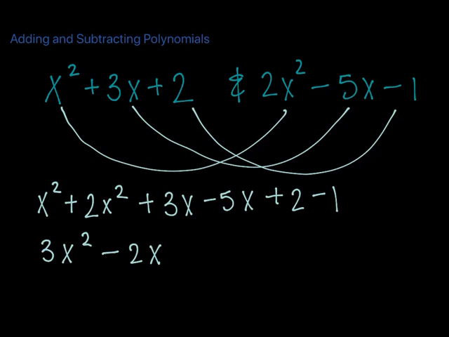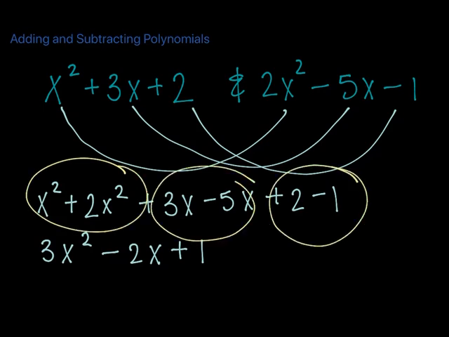And 2 minus 1 is just 1. So we basically just added the like terms together, and we got our final answer as 3x squared minus 2x plus 1.